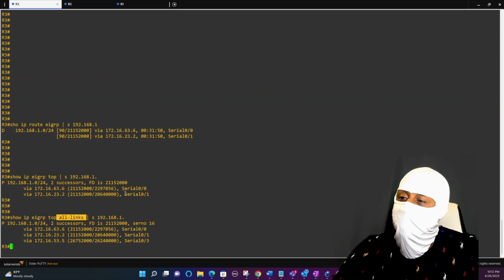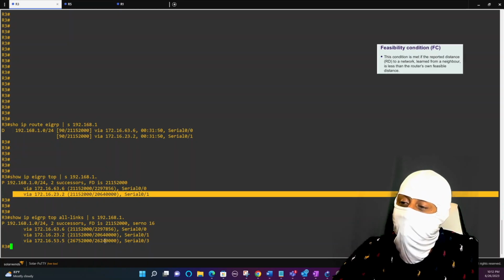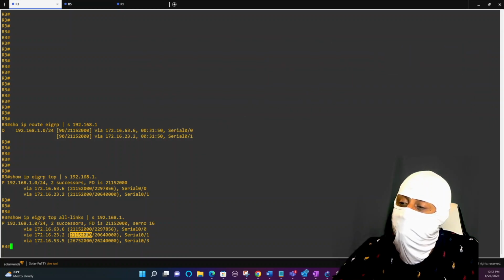To become a feasible successor, this reported distance has to be less than the feasible distance of the successor route. Our successor route is, how many zeros is that? 21,152,000, right?